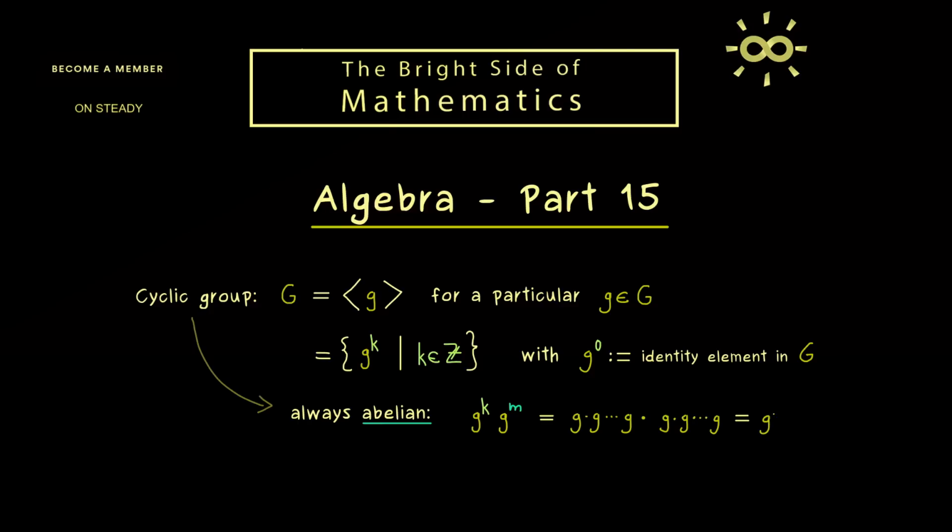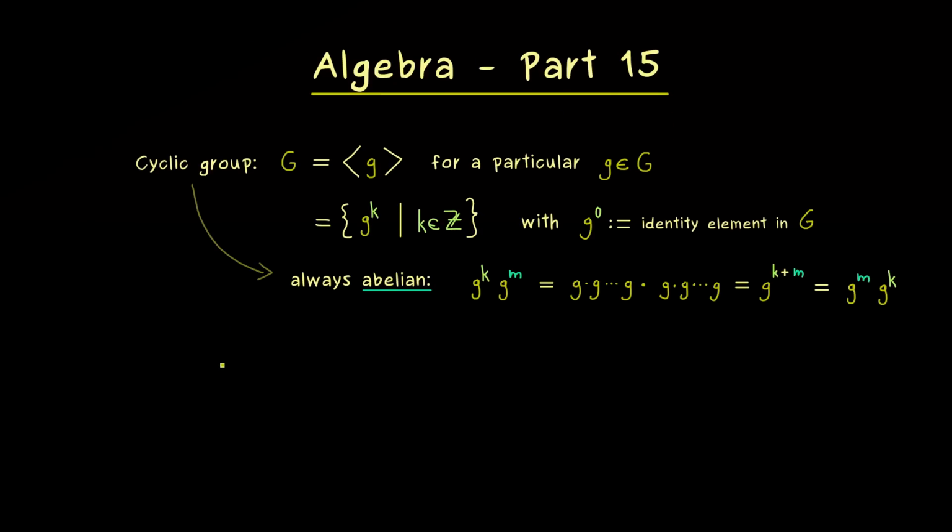Namely, counting the elements gives us that this is g to the power k plus m. And then obviously we see that we get the same result when we change the order. So in short, since only one element spans the whole group, we immediately get the commutativity. Hence, all the examples of today have to be abelian groups.